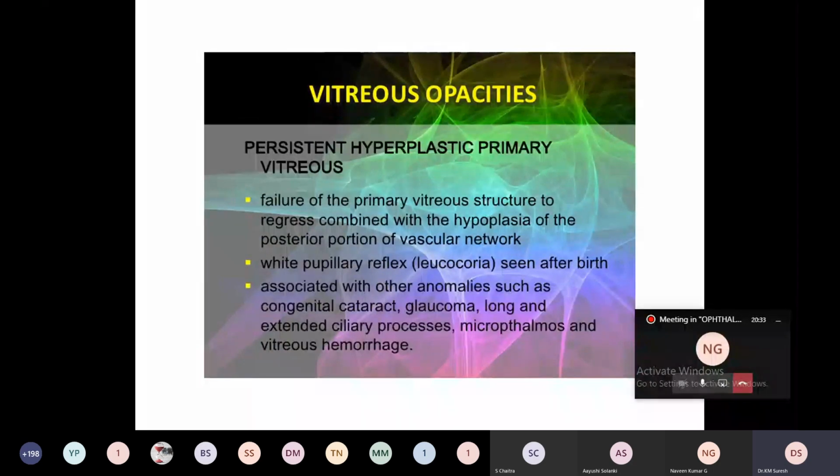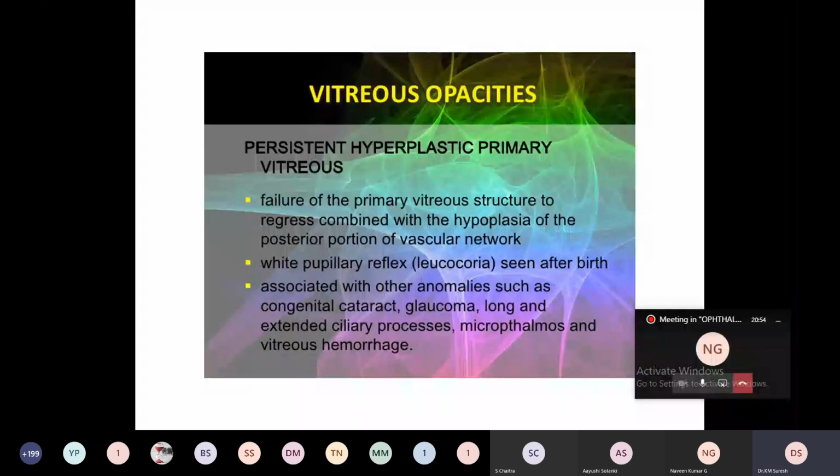Other vitreous opacities: persistent hyperplastic primary vitreous, which is one of the differential diagnoses for leukocoria. Leukocoria means white pupil. And why is PHPV present?